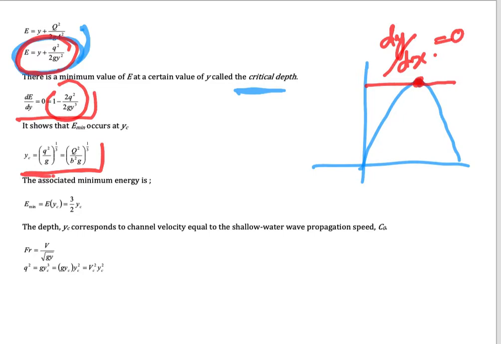It is equal to (q square over g) to the power of 1 over 3, or you could calculate it using the flow rate like this. I hope you can remember this equation, or you could do the derivation, a very simple derivation as shown in this slide.